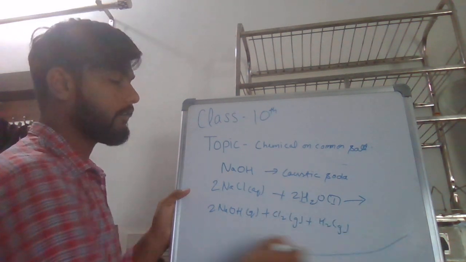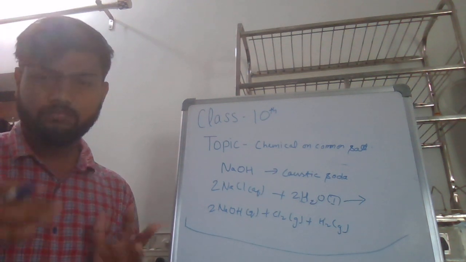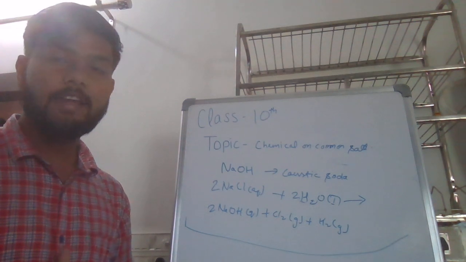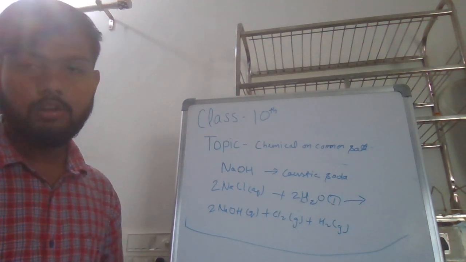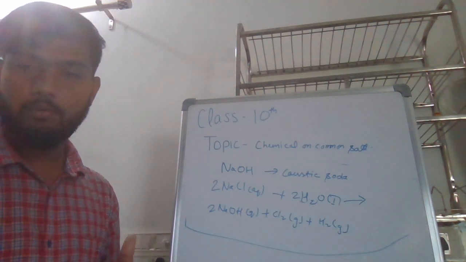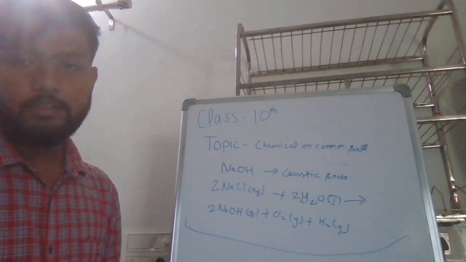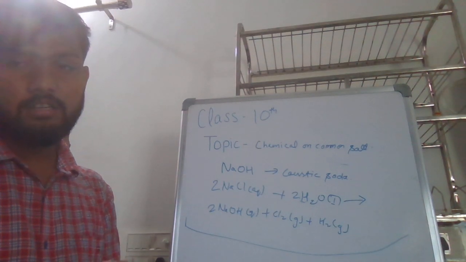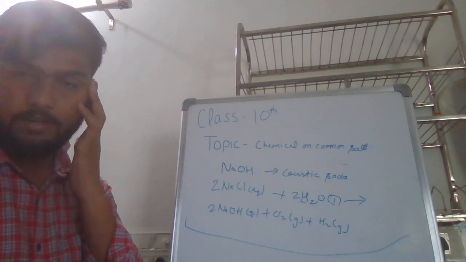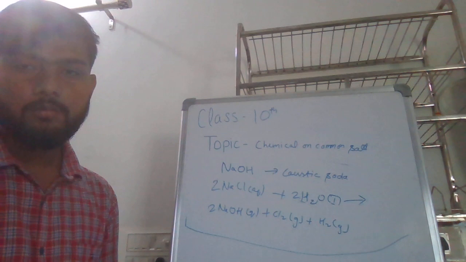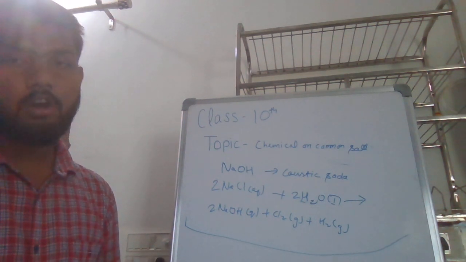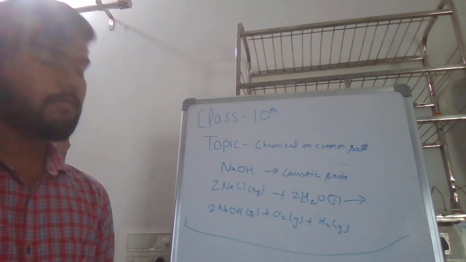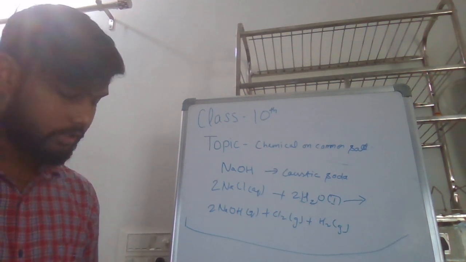Chlorine gas is given off at the anode and hydrogen gas at the cathode. Sodium hydroxide solution is formed near the cathode. The three products produced in the process are all useful, and this shows the different uses of the products.